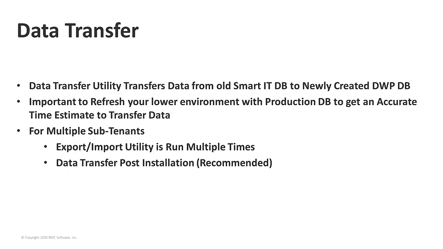As the name suggests, the data transfer utility transfers the data from the old Smart IT database to the new DWP database that got built along with the 1805 installation.